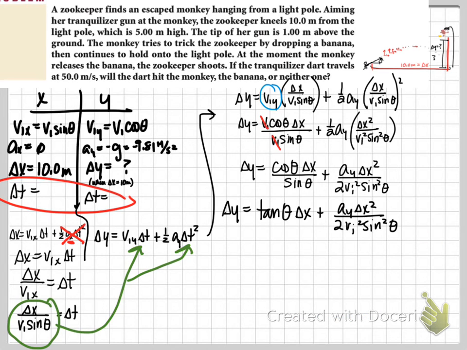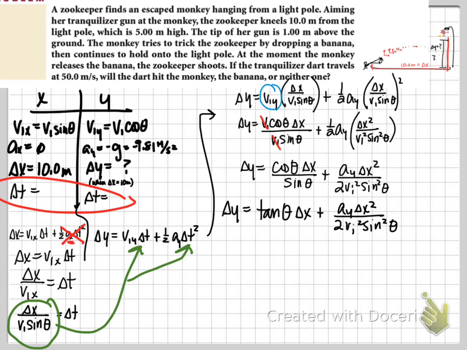Are we ready to plug in numbers? There's one key piece that we're missing. We don't have the angle. That's a problem.